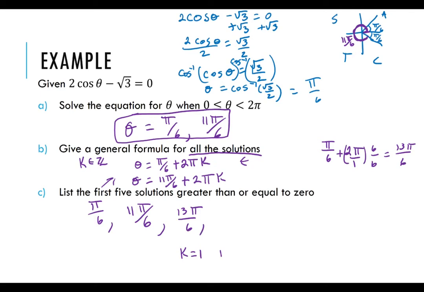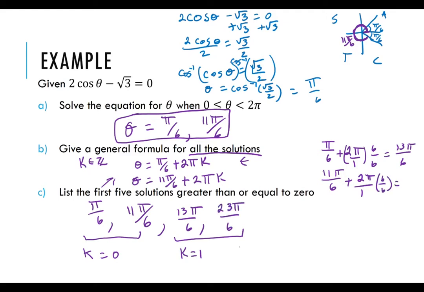Then letting k equal 1 for the next one, and for reference, these were k equals 0. So then if I do 11 pi/6 plus, let k equal 1, that's going to be plus 2 pi. But then multiply by 1 in disguise, that's 6 over 6. Well, that's going to give me 12 pi plus 11 pi, or 23 pi/6.